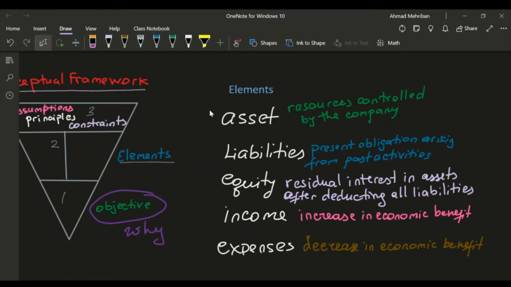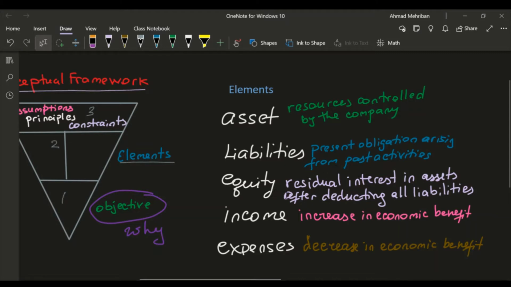So the next part of the conceptual framework that I'd like to address is the elements. The elements are already familiar to you. So we know assets, liabilities, equity, income, and expenses. Just to be clear, assets are the resources controlled by the company. Liabilities are the present obligations arising from past activities.